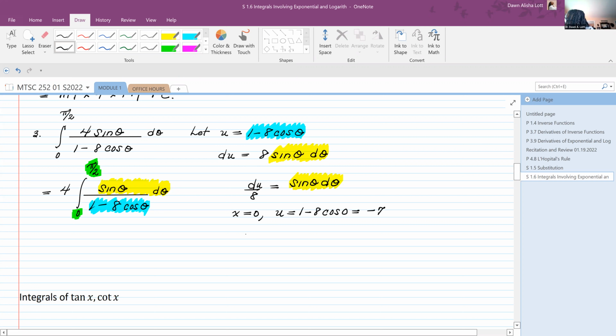And when x is equal to pi over 2, then u is equal to 1 minus 8 times the cosine of pi over 2. The cosine of pi over 2 is 0, so this just becomes 1.